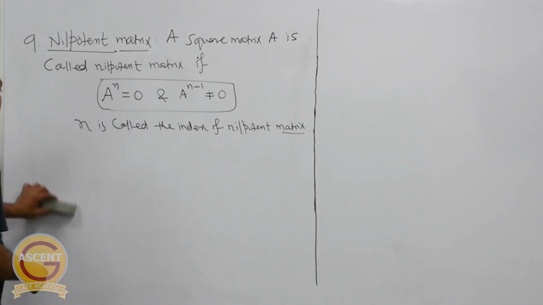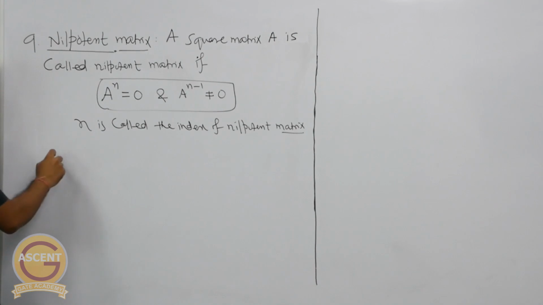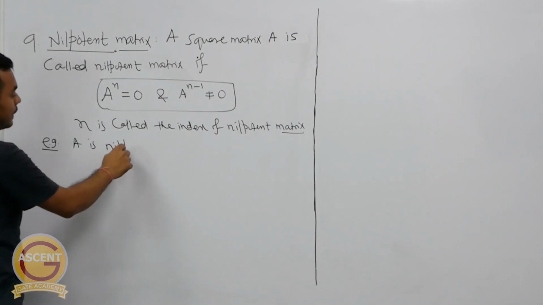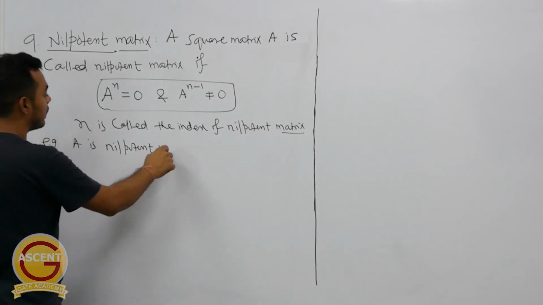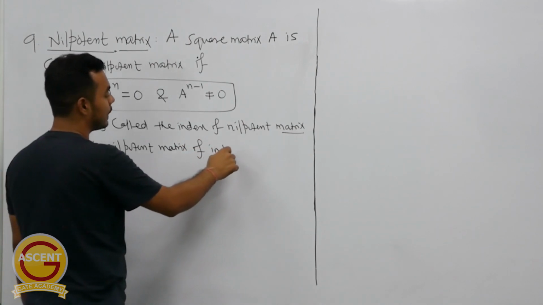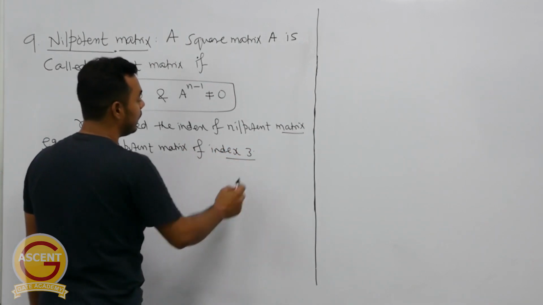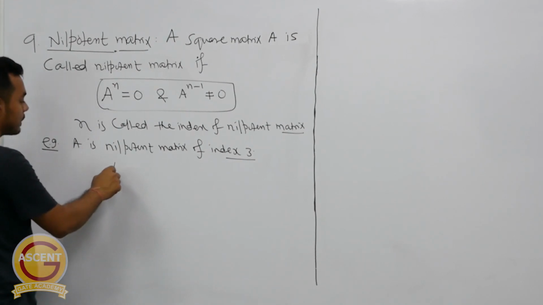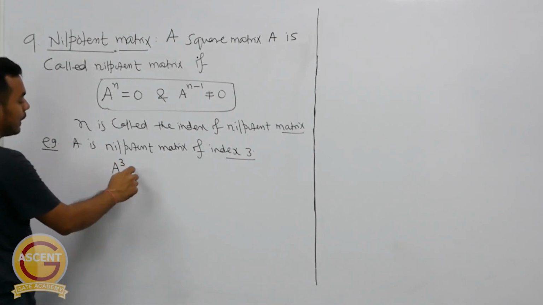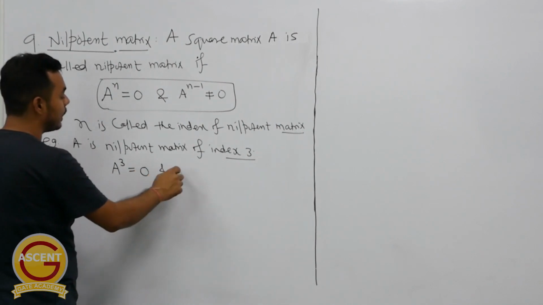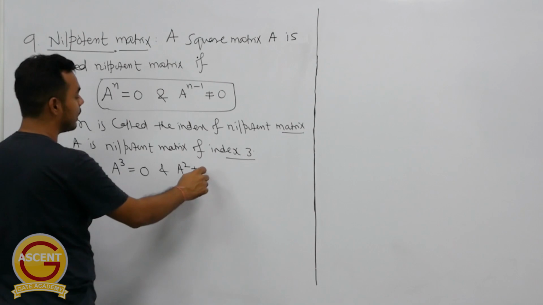Suppose it is given that A is a nilpotent matrix of index 3. What is the meaning of this? It simply means that if I calculate A cube, you will find that A cube is a null matrix, but A square is not a null matrix.